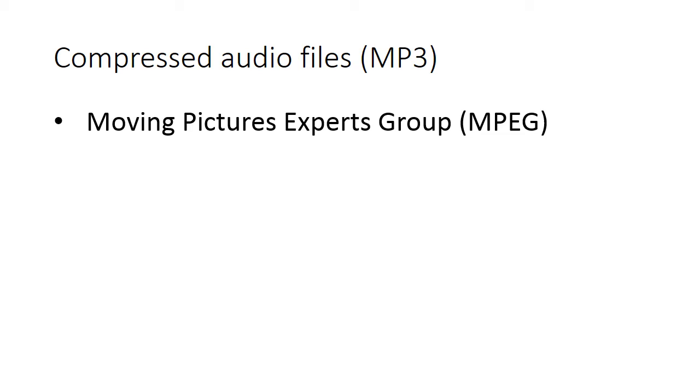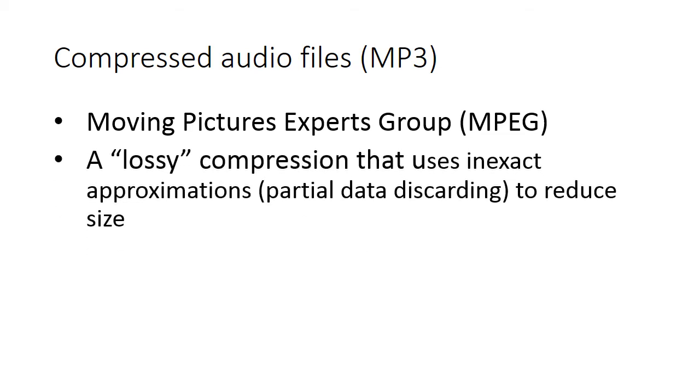And then it evolved into MP2, and then MP3, and now, of course, MP4. So this is a lossy type of compression. And what it does is it uses inexact approximation of the information, thereby discarding part of the information to reduce the file size. Okay? Now, again, this is for audio files.